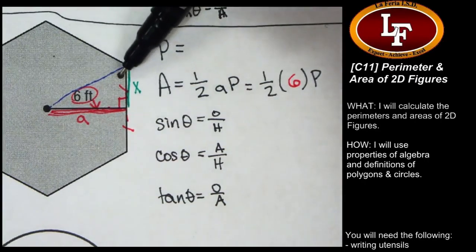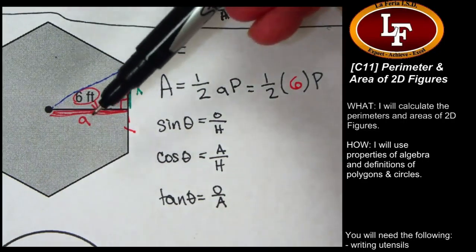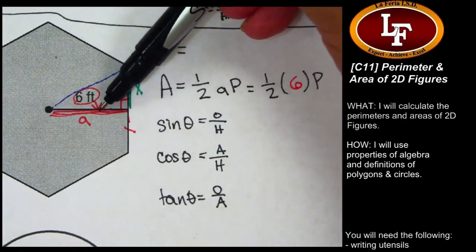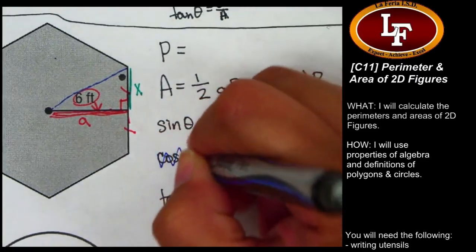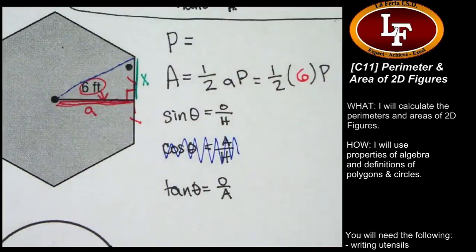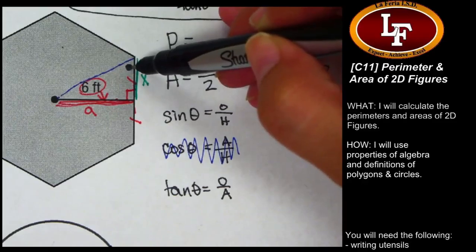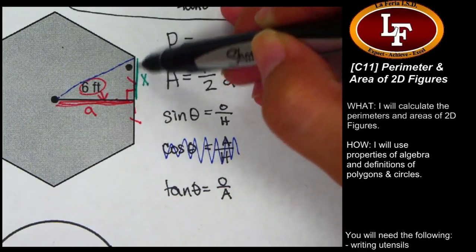Here is the angle that you will have already calculated the measure of. I have information on the side opposite that particular angle. This means that the cosine function is out because it doesn't deal with the opposite side. And I have information on the side that is next to the angle.